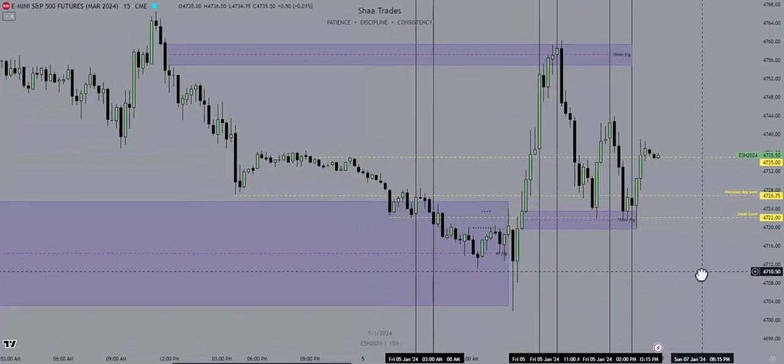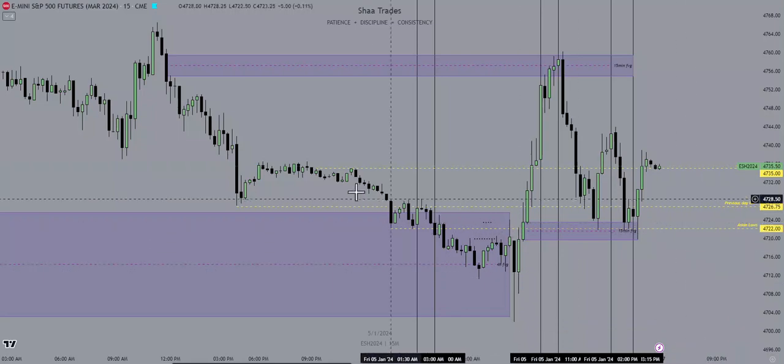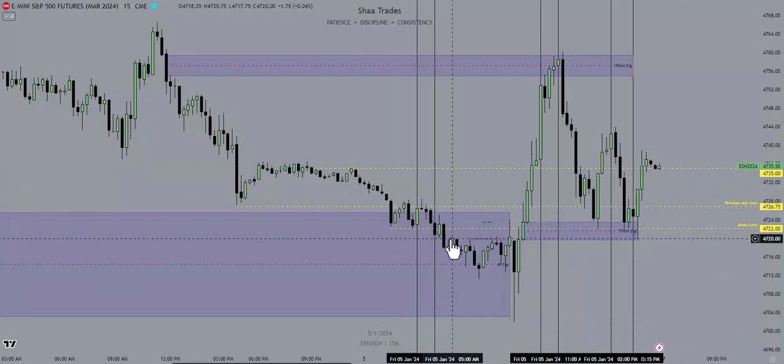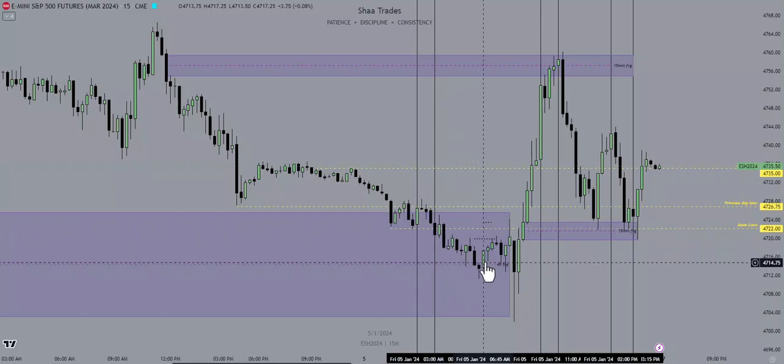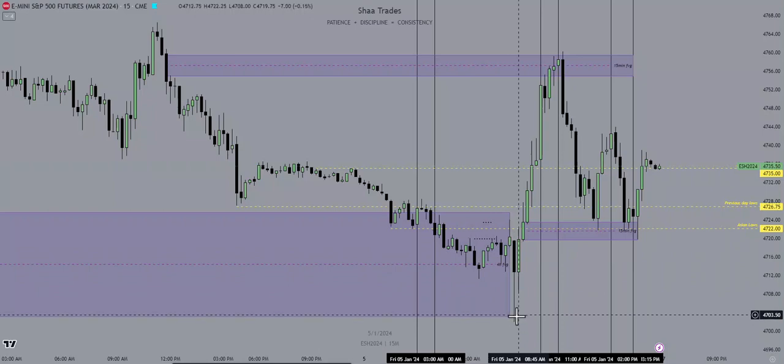All right, so first we're on the 15-minute chart. At 3, price starts to break down, then goes up a bit, and then drops back down, and then goes to the bottom of this fair value gap for the 4-hour, right? And then bounces back up.